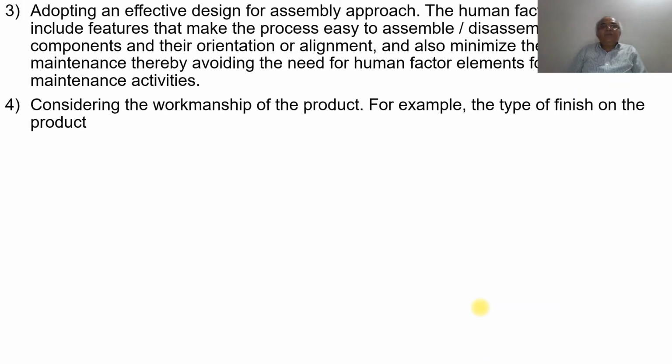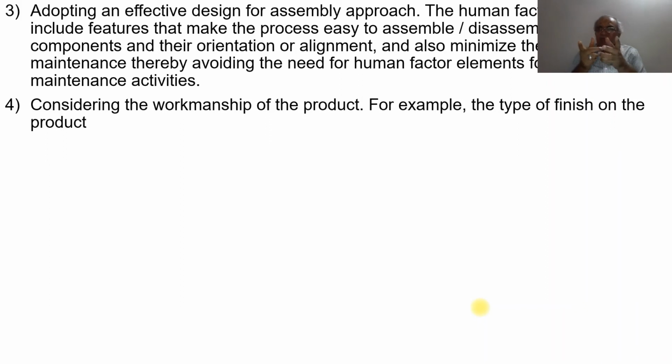So after the design for assembly, the human factor elements include features that make it easy to assemble or disassemble components. As far as possible, assembling and disassembling should be easy. Once the assembly has to be done, you should have the proper orientation and alignment between the two parts, and also minimize the need for maintenance.